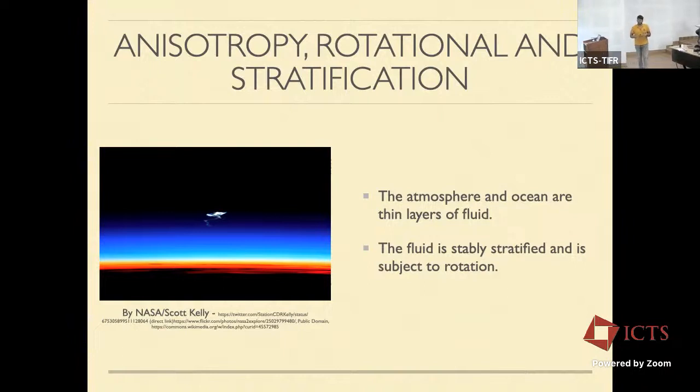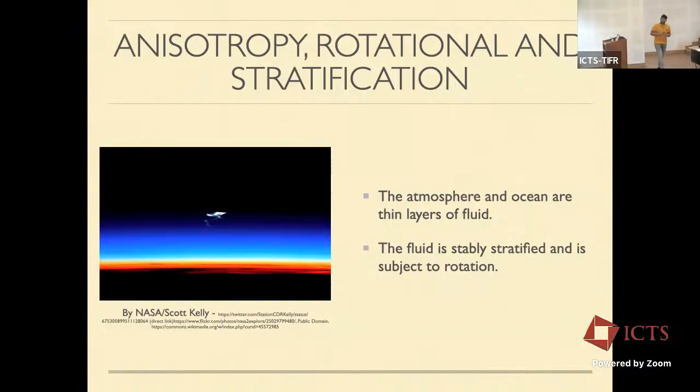And what you see is that the thickness of these layers is very small compared to the extent. So typical thicknesses are of the order of tens of kilometers as compared to the extent of the Earth. The typical radius is of the order of 6,000 kilometers. So the first question is, what does this confinement do to the turbulent structures that we looked at, right?